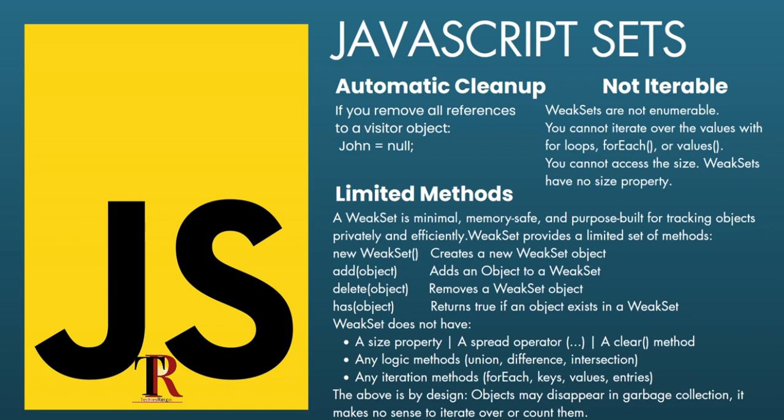That is the reason why it is not iterable: objects in a WeakSet can be garbage collected, all for the purpose of managing and optimizing memory for the best use cases.